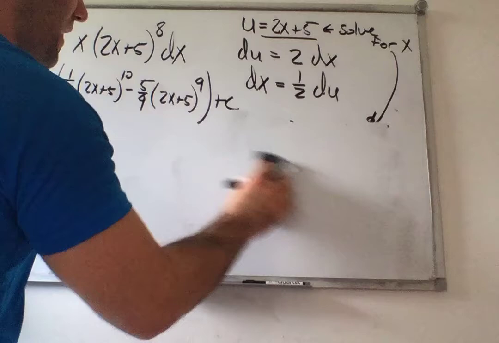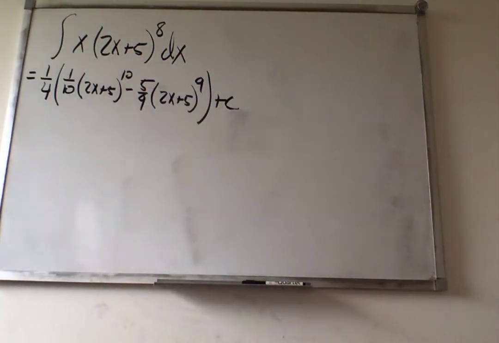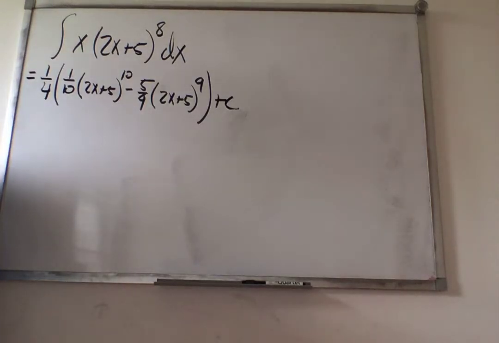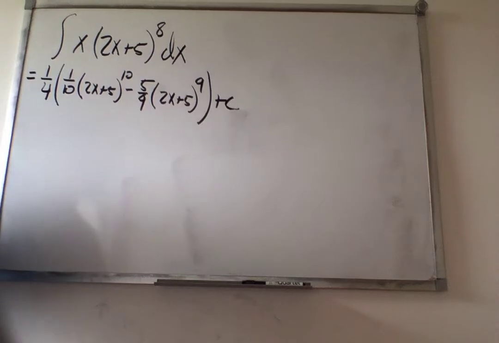So there's our final answer when plugging back u into there. Now you could distribute this 1/4 everywhere. You can leave it out front, that's fine for now. But you should go ahead and pause the video, try those 2 problems that I gave you for u substitution, and then you can come back and we can talk about the substitution rule for definite integrals, okay?